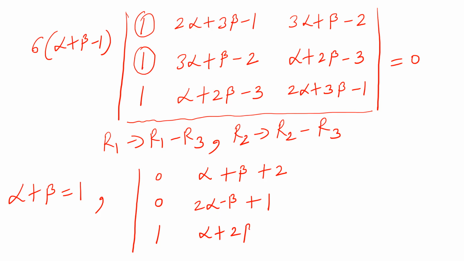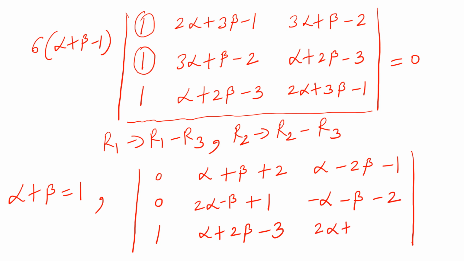And here it is same as before, alpha plus 2 beta minus 3. Now here we get alpha minus 2 beta minus 1. Here we get minus alpha minus beta minus 2. And here it is 2 alpha plus 3 beta minus 1. Now students, we will expand this determinant along the first column.